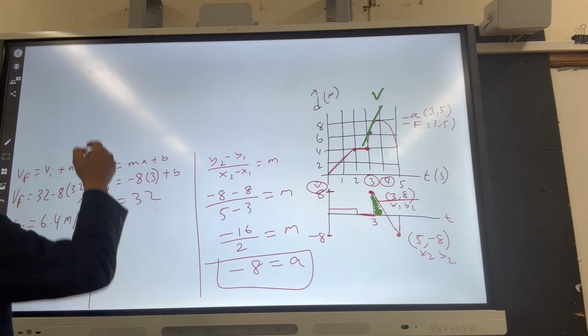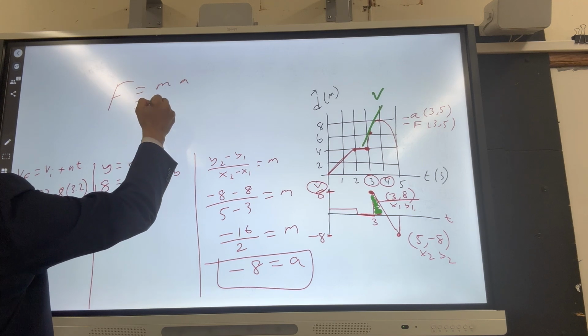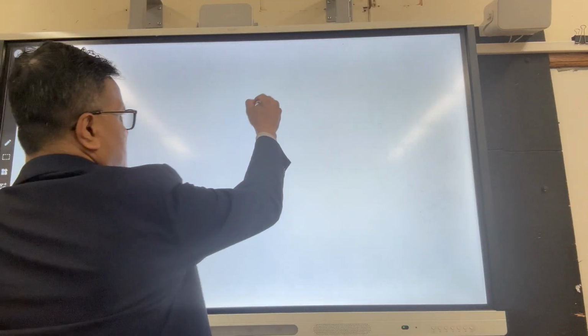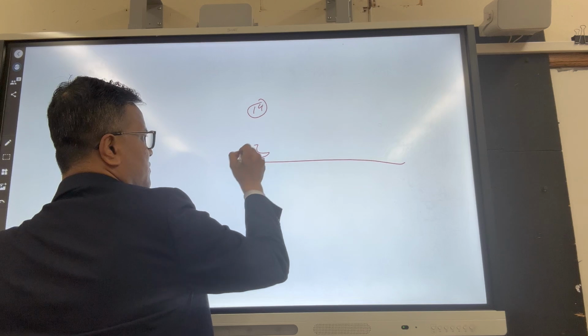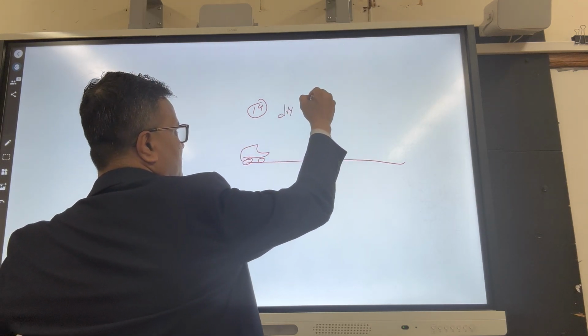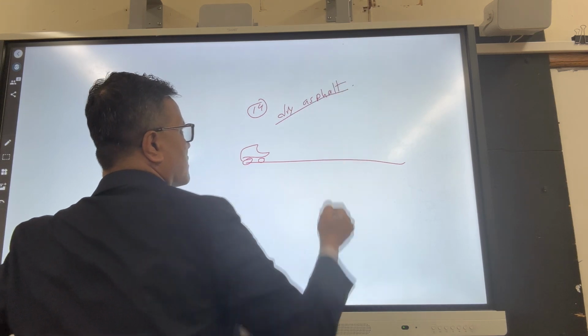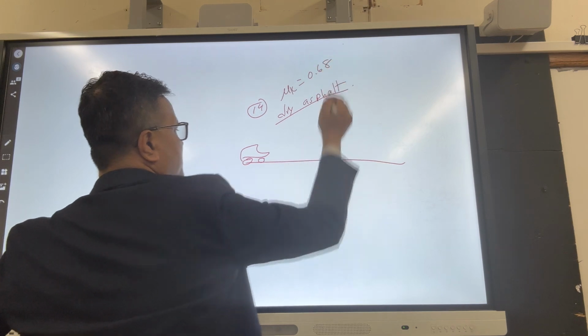Now we're going to find the force. Force is equal to ma. M is 12, a is negative 8. Some extra information which you don't need: the car is moving on a dry road, which is mu k is 0.6 I believe.